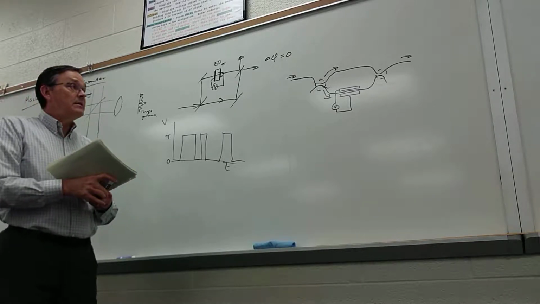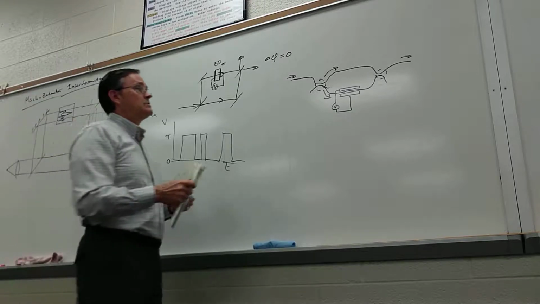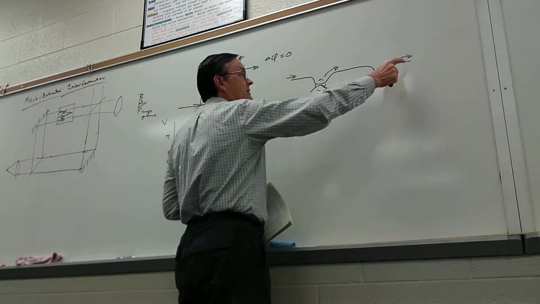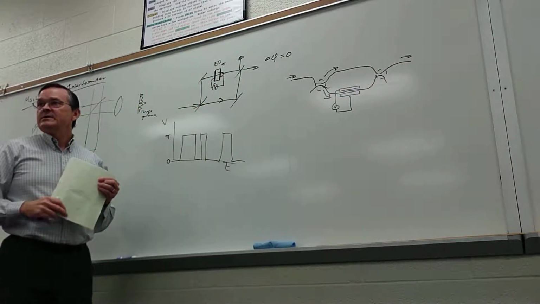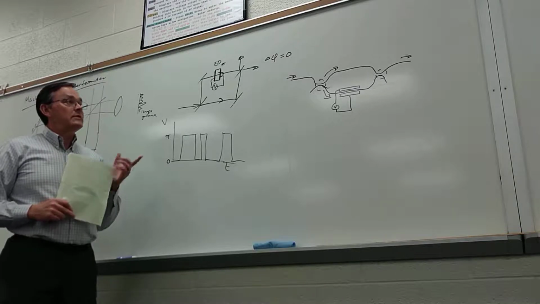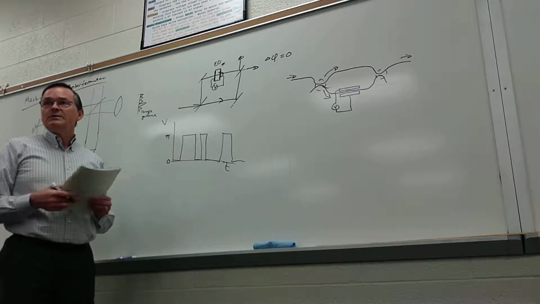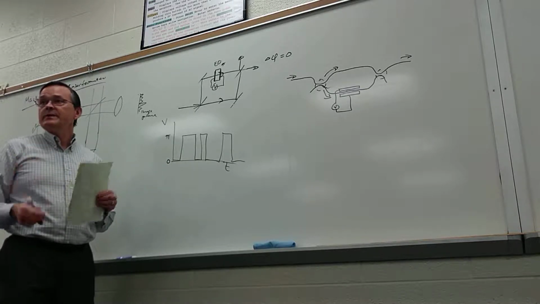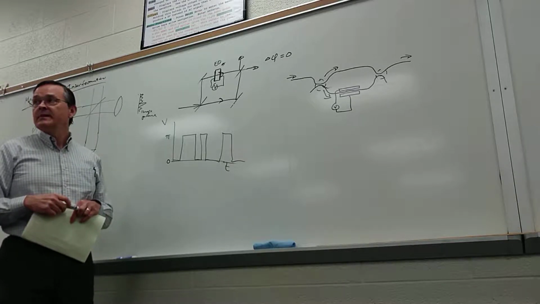Since lithium niobate is an electro-optic material in and of itself, now you can change the phase of the light in this leg relative to that leg, and therefore have modulated light. And so for many, many years, that was how you would do all of the optical modulation for fiber optic communications, is with the lithium niobate Mach-Zehnder interferometer as your modulator.